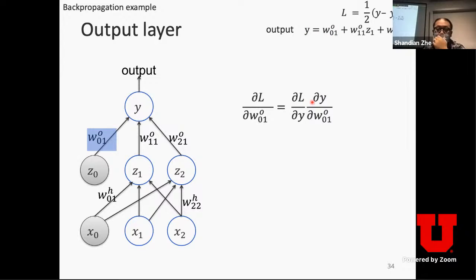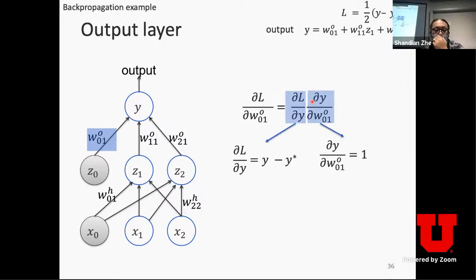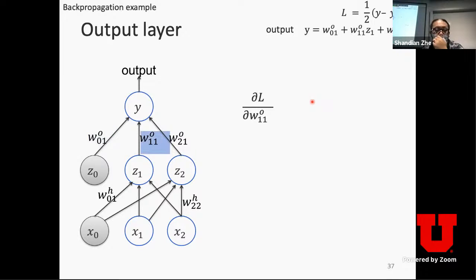I'm not going to repeat it. And similarly, you can compute the partial L over partial W110.